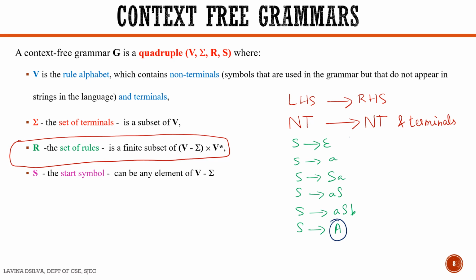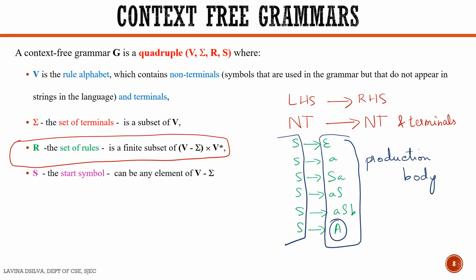We know that the right hand side is called the production body of a rule and the left hand side is called the production head of the rule.